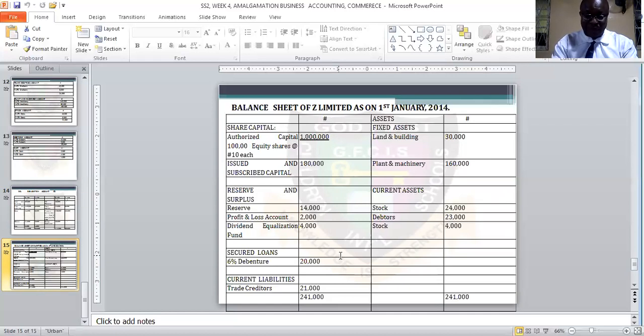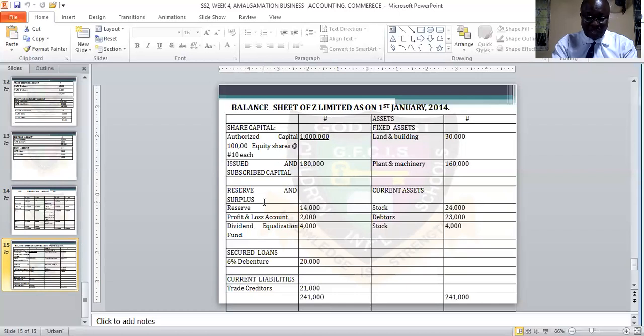Then under the liability, we have share capital. Under the share capital, we have authorized capital, 1 million naira. Then issued, which the company was able to issue out from this 1 million naira of shares. She issued and subscribed capital, 180,000 naira.